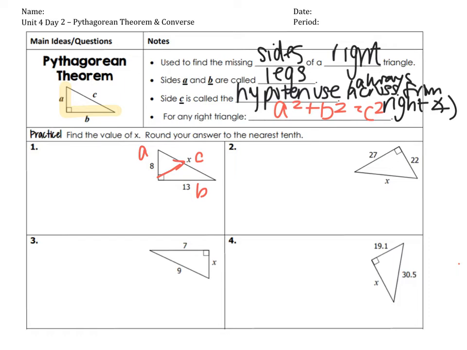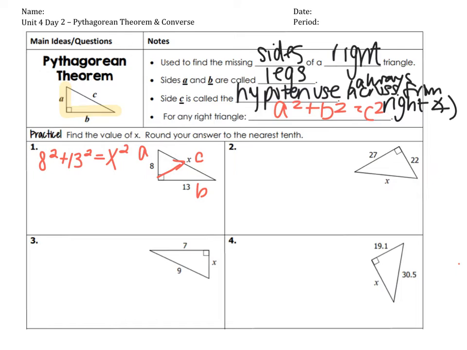So now we just set up our formula. We have A squared plus B squared equals C squared. We're solving for C in this case. Let me call it X. It's labeled X. So X squared. Okay, I'm just going to do the 8 squared and the 13 squared directly on my calculator.